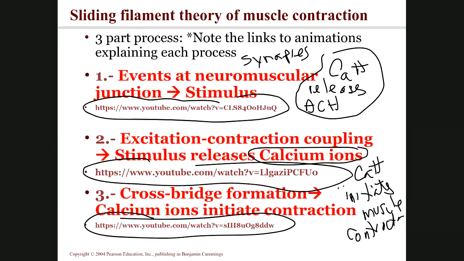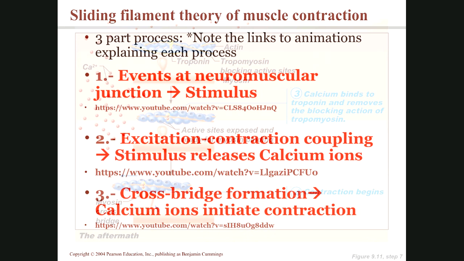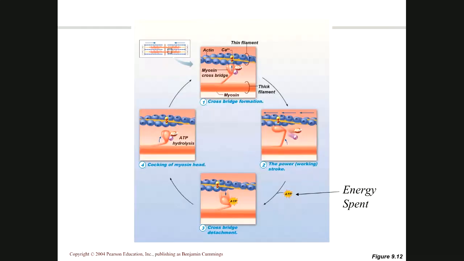Now, another question could be, what is the role of ATP, energy, in muscle contraction? Okay, so let's go back to how muscle contraction happened. Let me go back to the cross-bridge formation. And actually what I want to do is go to this right here.